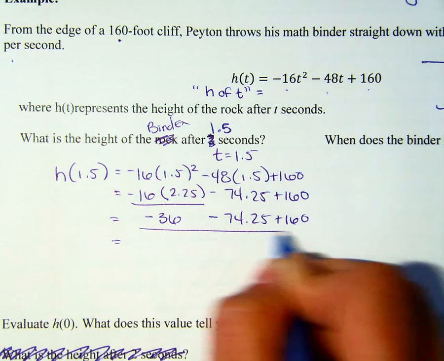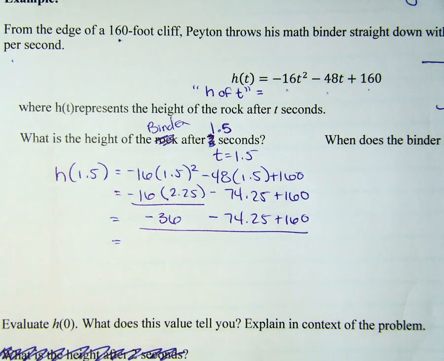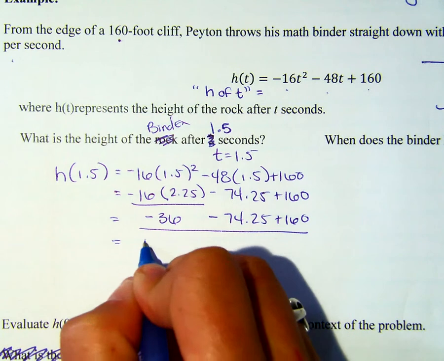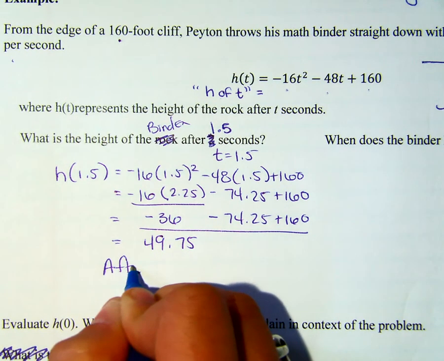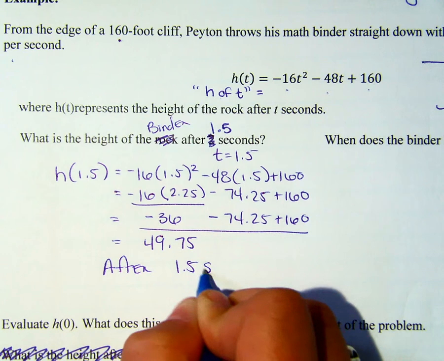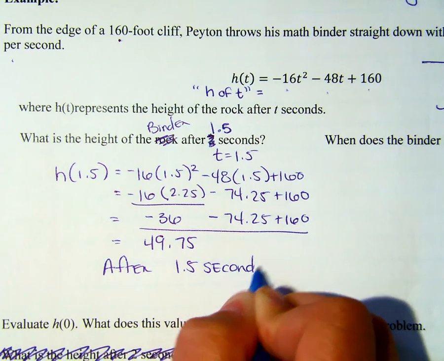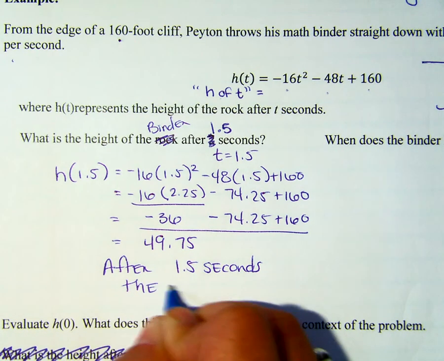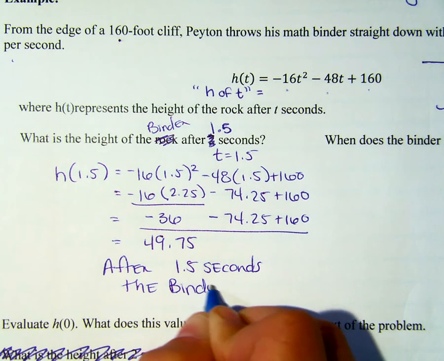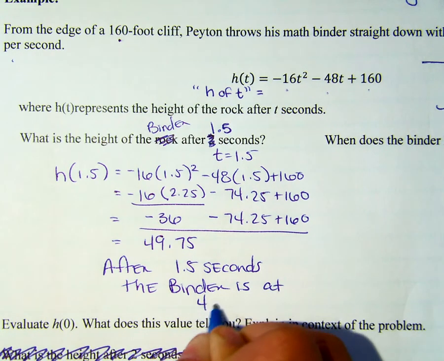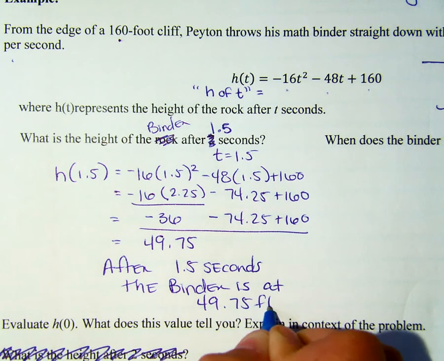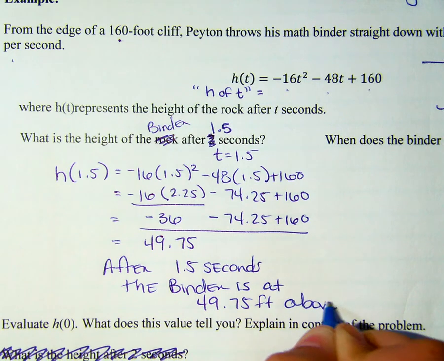I do all this work in my calculator, and I get 52. So after 1.5 seconds, the binder is at 49.75 feet above the water.